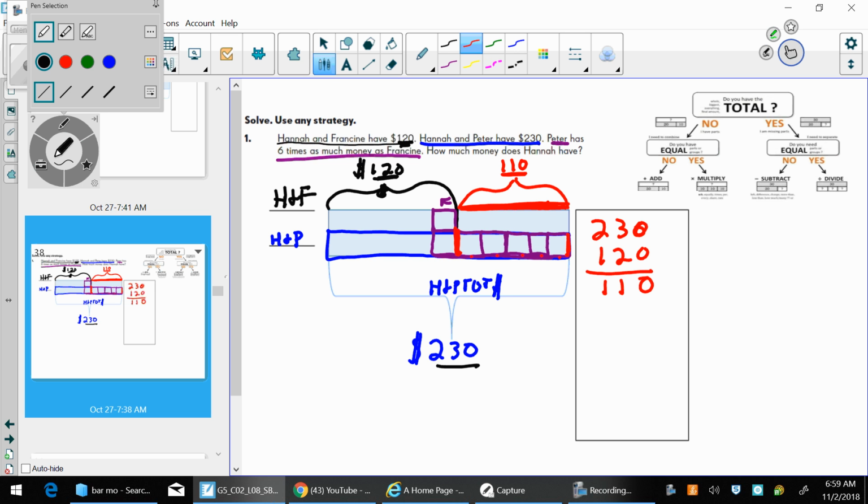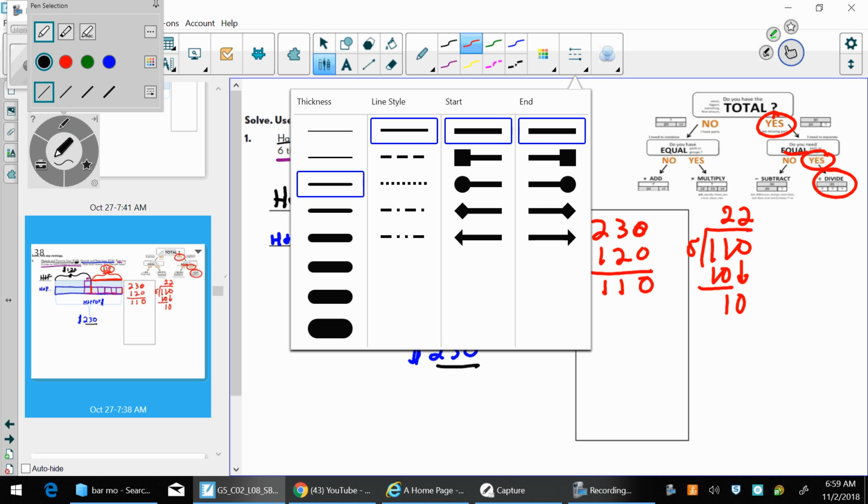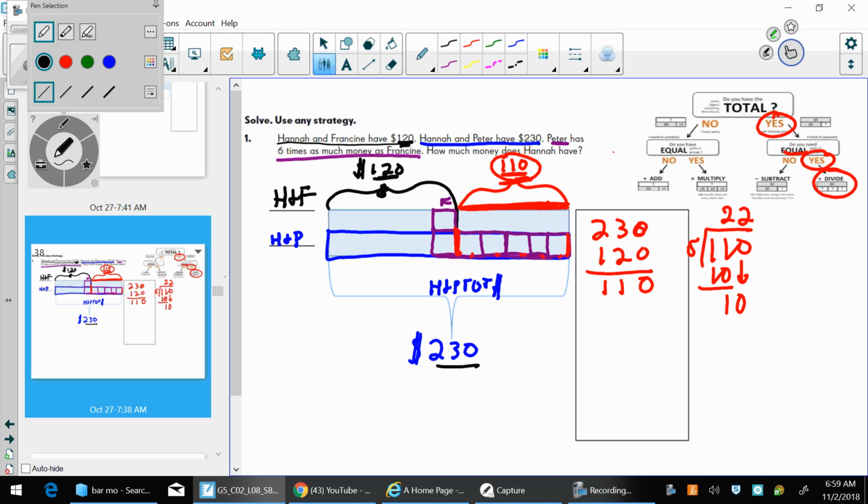So if I have a total, yes, and I have equal parts, these are equal, yes, I'm going to divide 110 by those 5 equal units. With a calculator or the standard multiplicative algorithm, I would see that I would have 22. Sorry about the smart word, still getting used to it. Each of these is 22.